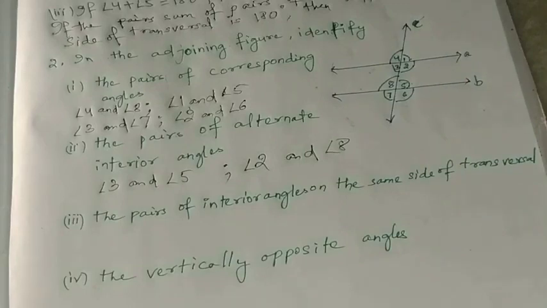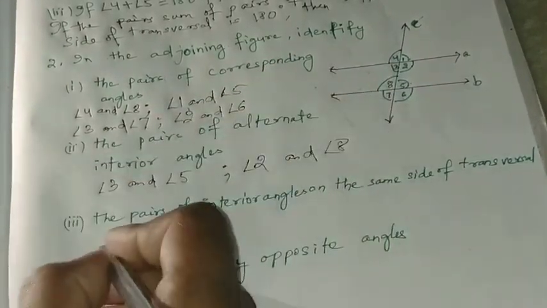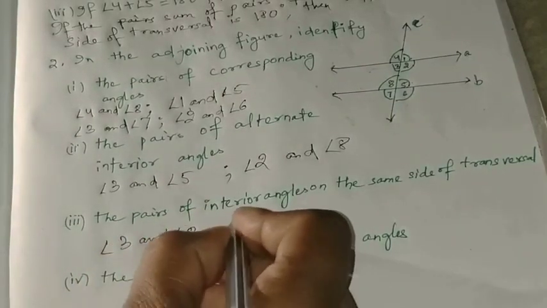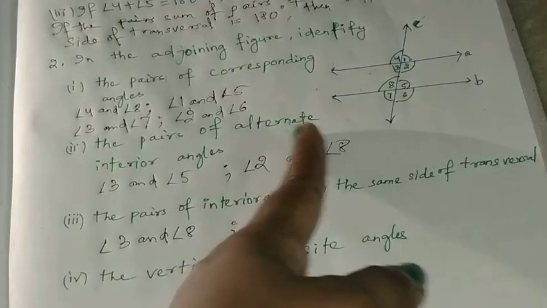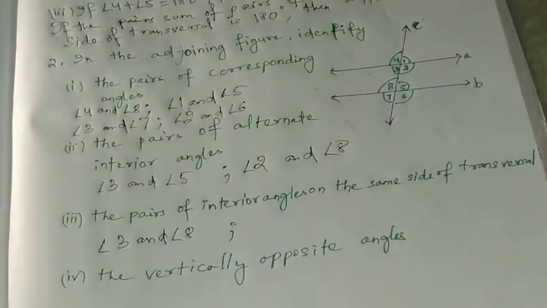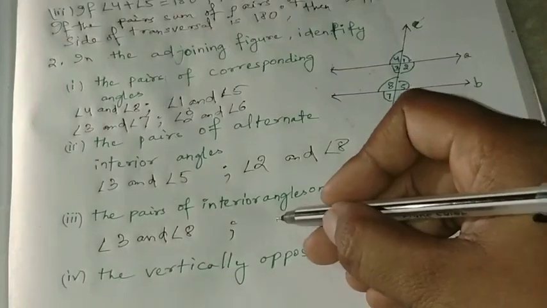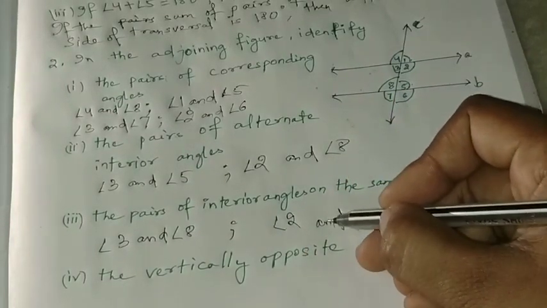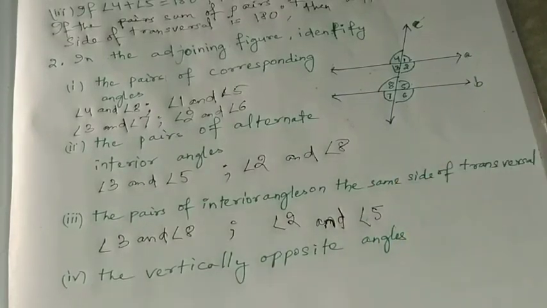So on this side, 3 and 8, so you will write angle 3 and angle 8. Those are the pair of interior angles on the same side. And on that side, 2 and 5. So you can write angle 2 and angle 5. Okay.